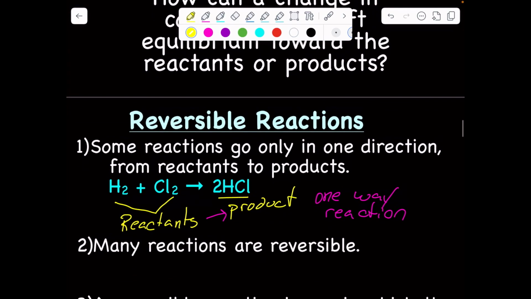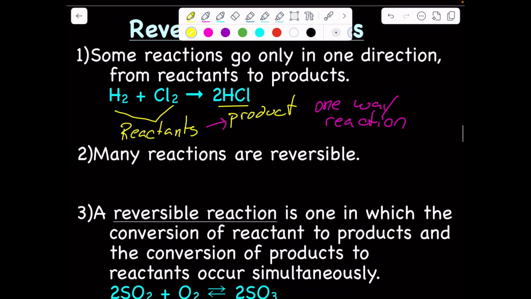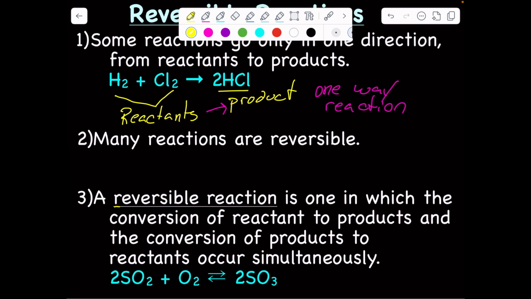Many reactions, though, are reversible. And a reversible reaction is a reaction in which the conversion of reactants to products, meaning starting with reactants and the reactants making the products, and then the conversion of products back to reactants, so the products break back down and make the reactants, occur simultaneously, or at the same time.